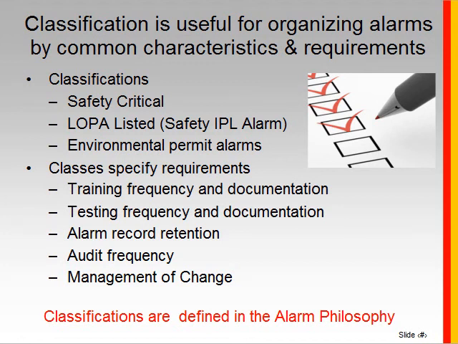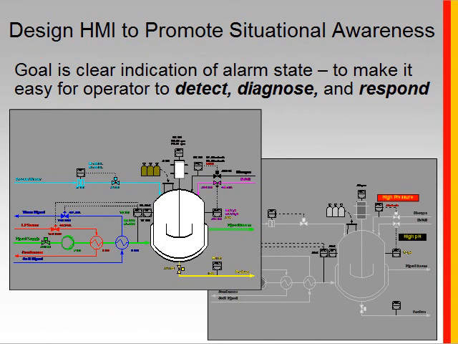What I mean there is the frequency of training and testing, how often we'll audit the way we analyze and handle those alarms, and management of change. So for example, for a safety IPL alarm, an alarm that's identified in a LOPA, the frequency for testing that alarm is definitely going to be much higher and much more critical to pay attention to than for a general alarm. So that's the idea of classification.